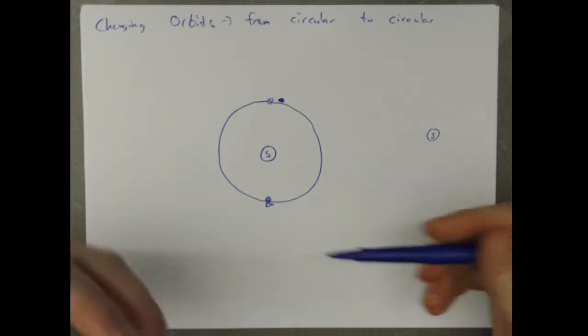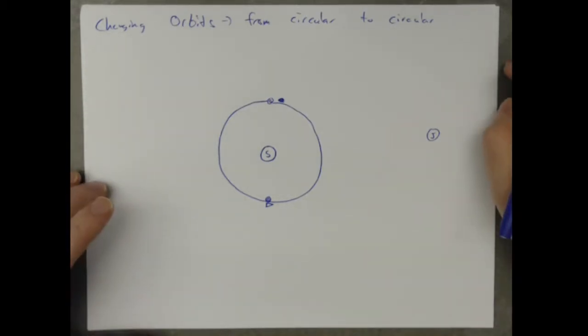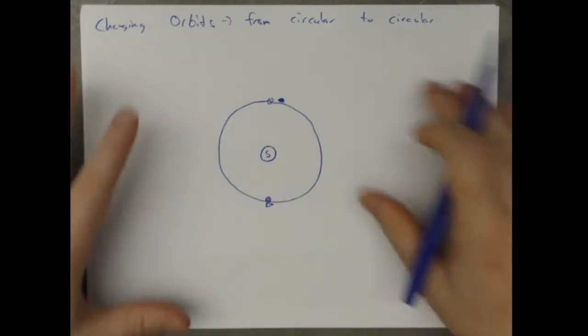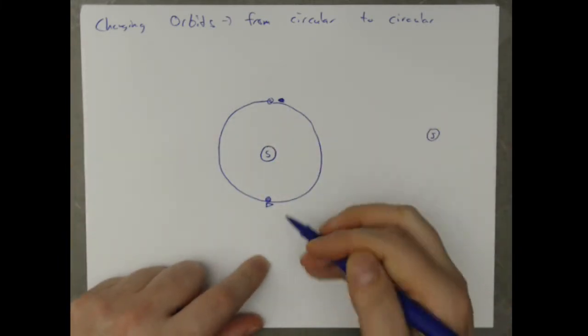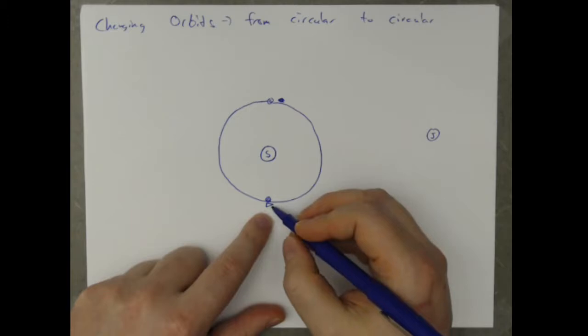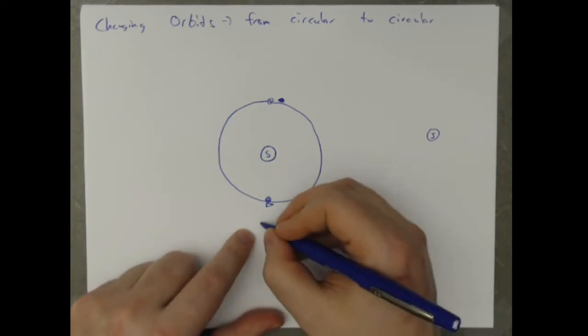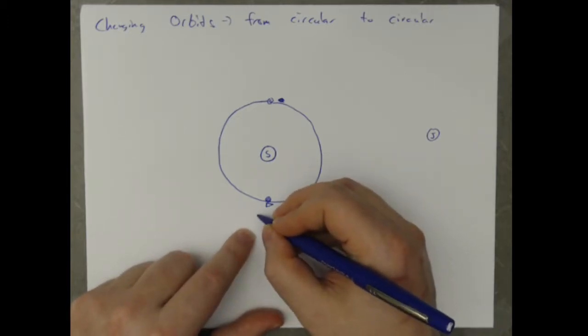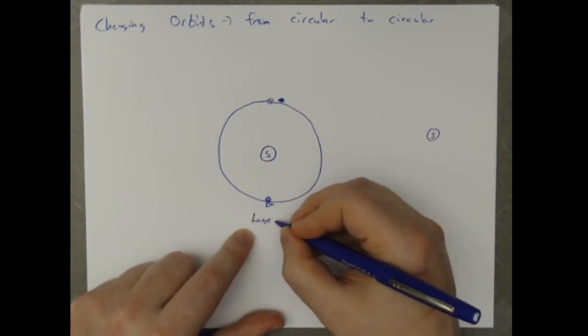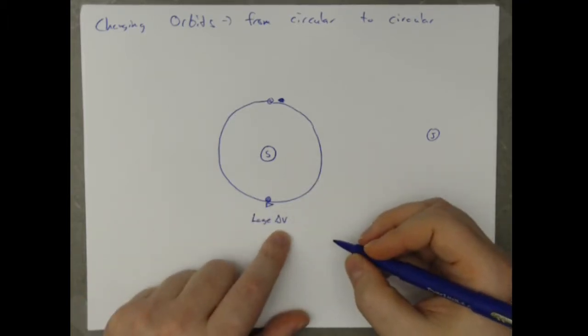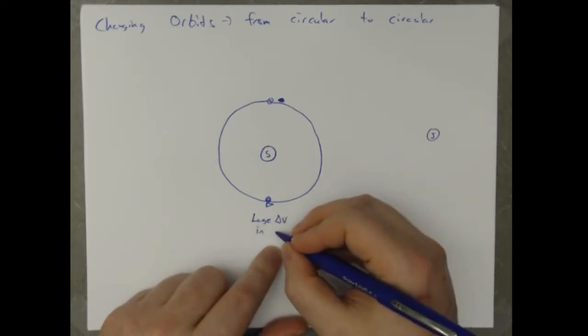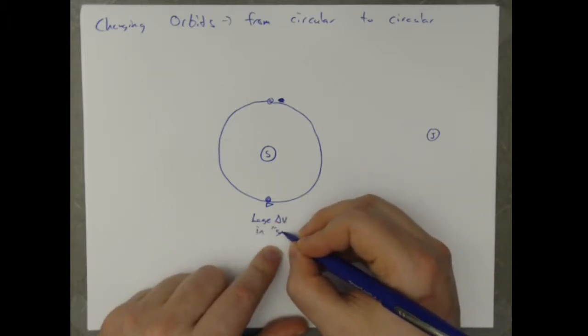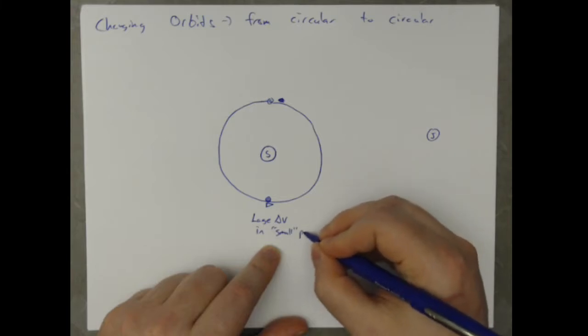The slow orbit changes I talked about for circular motion are not the way we end up doing this. Basically, the rocket goes here, and then we do a large delta V, a large change in velocity in, quote, a small period of time.